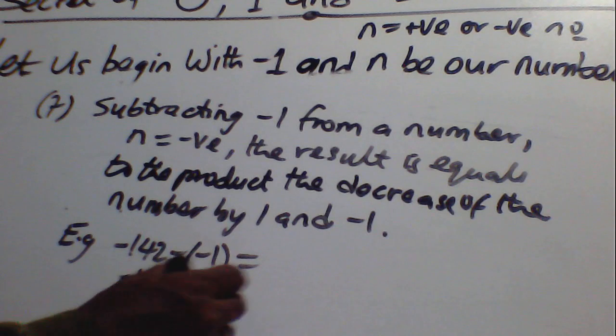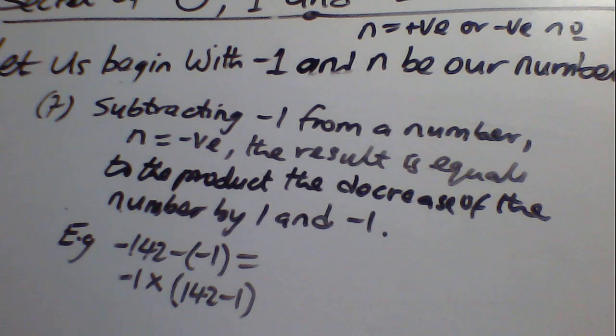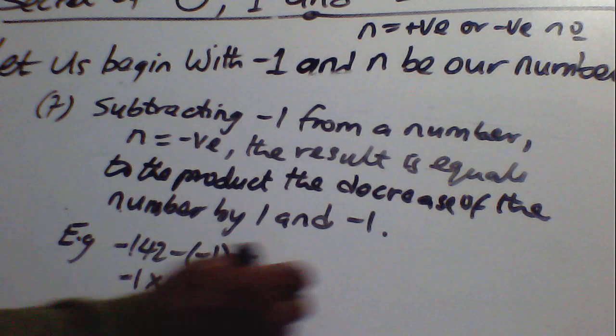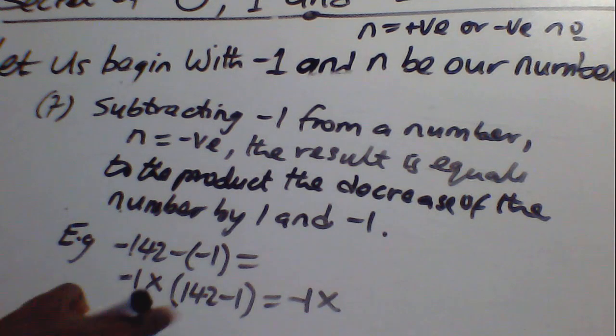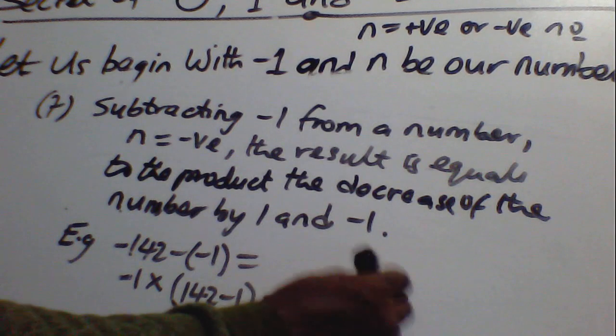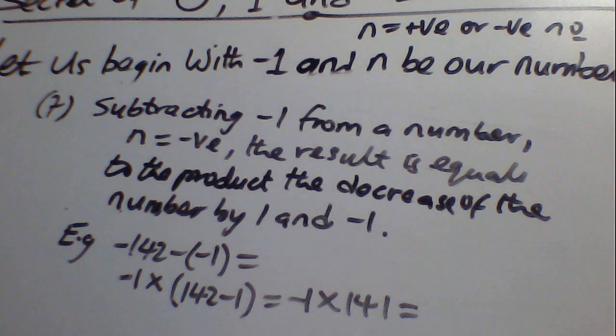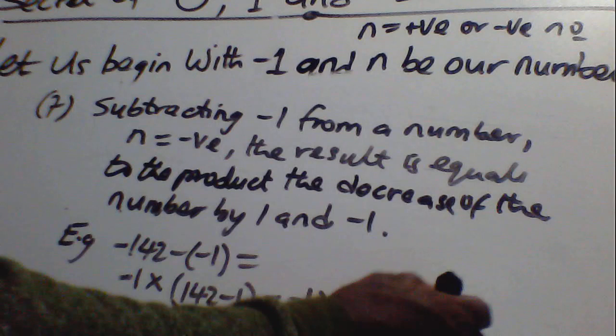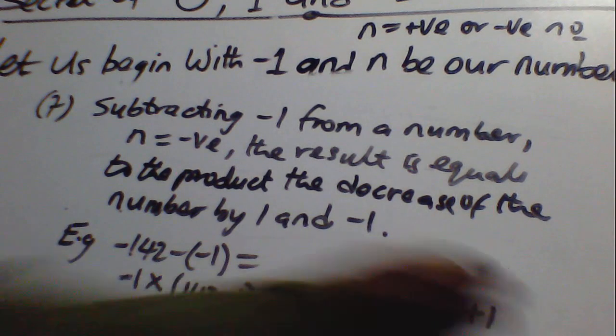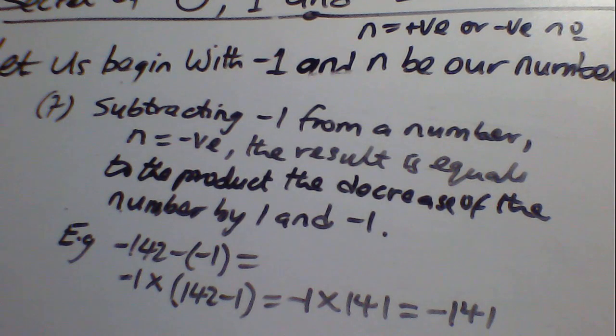So 142 minus 1 will give us 141, and minus 1 times 141 gives us minus 141. So subtracting minus 1 from a number, in this case the number is a negative number, the result is equal to the product of the decrease of the number by 1 and minus 1.